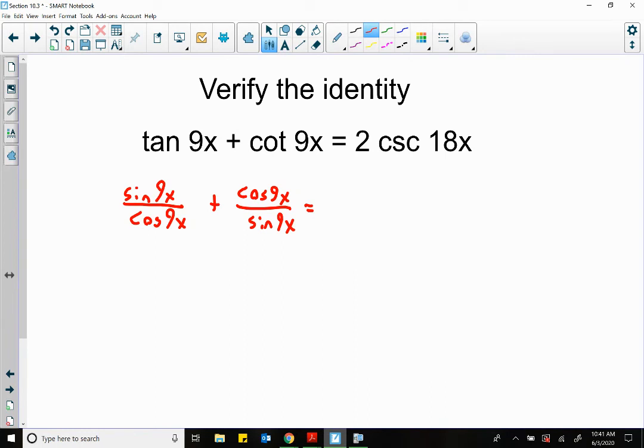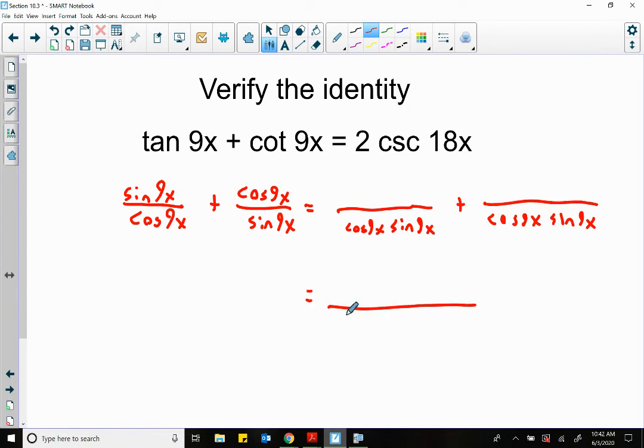So you need that common denominator, which is going to be cosine 9x sine 9x. And then we're going to put those together. We'll get the numerator here in just a second.